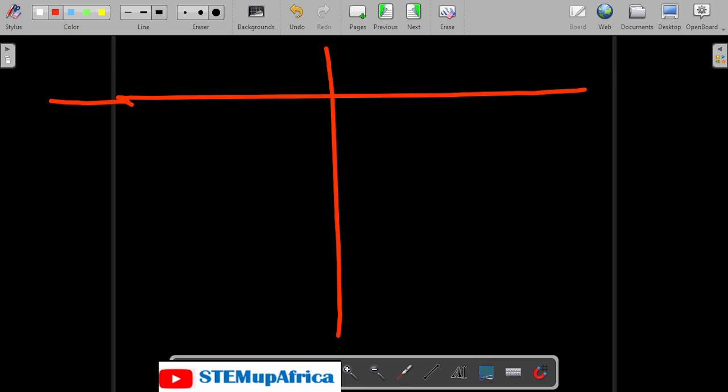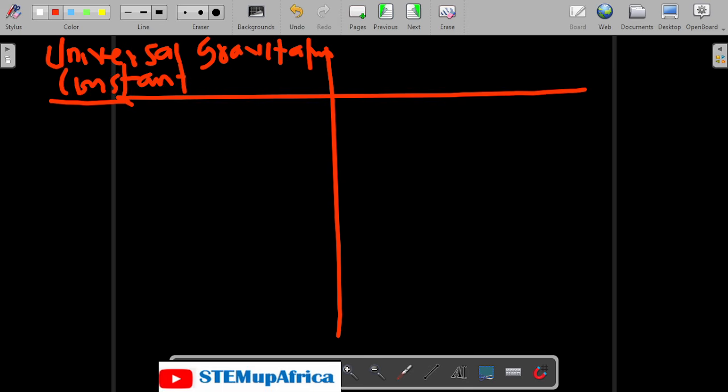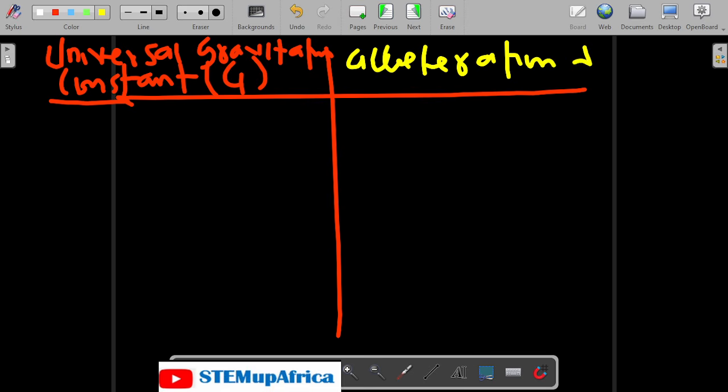So here is the universal gravitational constant, which is G, while this is acceleration due to gravity, which is small g.